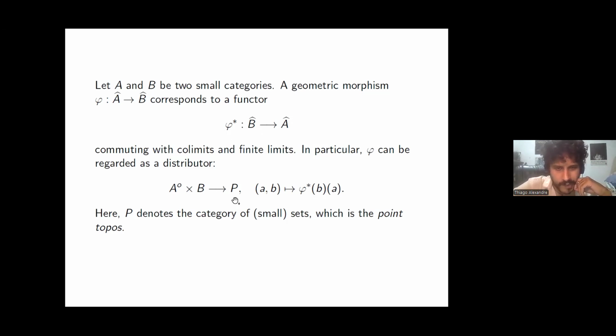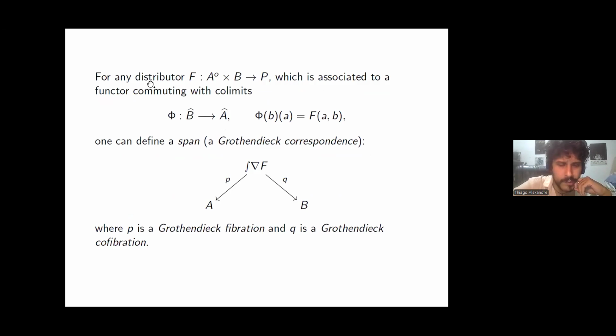Now, for any distributor or profunctor, we can associate a functor commuting with colimits of this form here, which is defined like this because if you have a functor commuting with colimits, it is completely determined at the representable presheaves, by Kan extension.